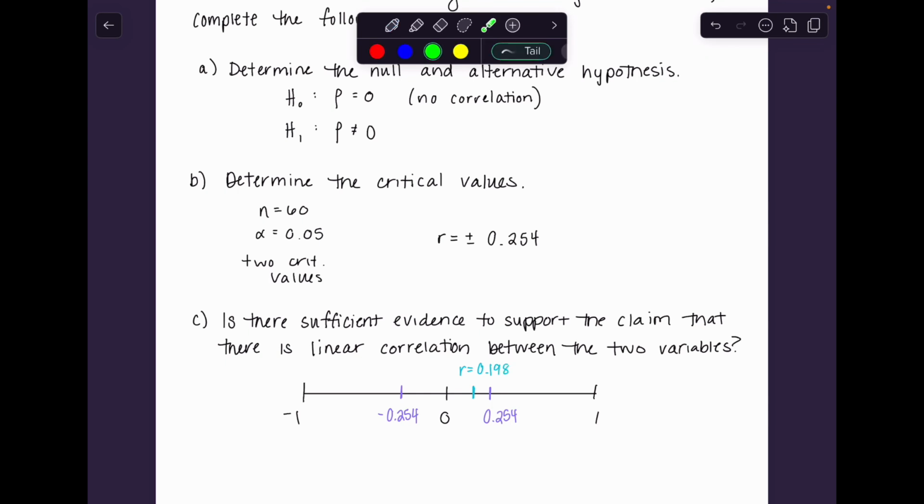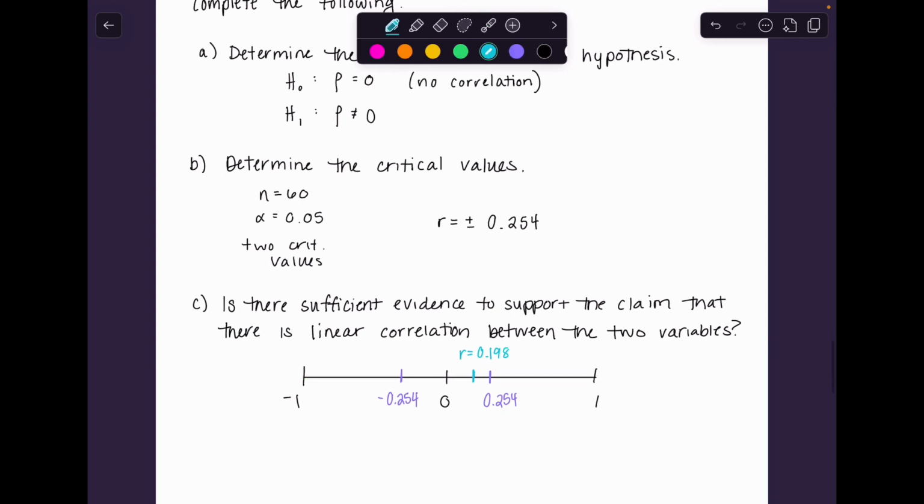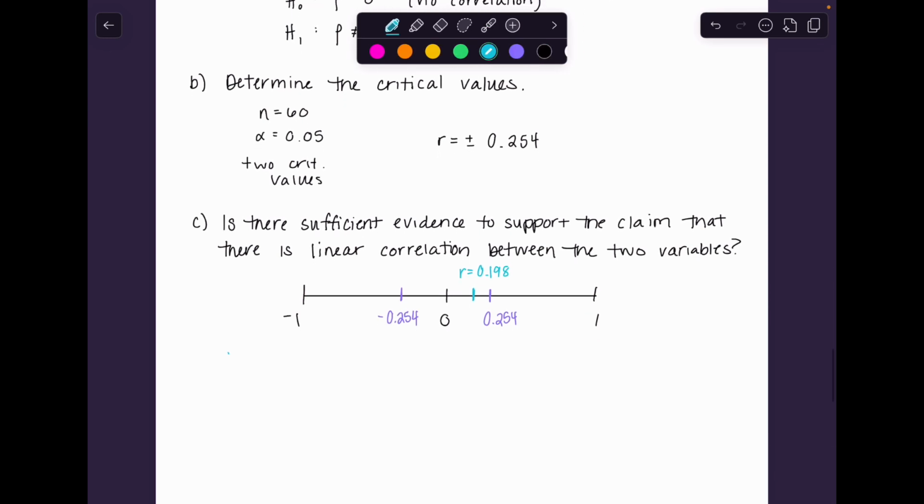What I would need, for there to be correlation, is to be on those extreme ends. So here, since this does not fall outside the critical values, there is not sufficient evidence to support the claim.